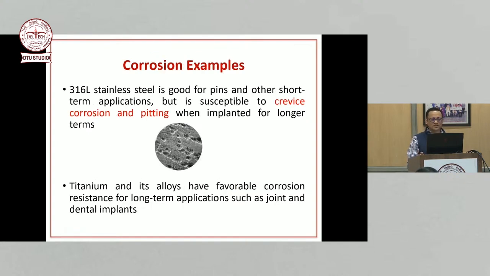Here is the corrosion example, showing how there is pitting and corrosion happening on these implants. Titanium and its alloys have more favorable corrosion resistance for long-term applications such as joint and dental implants.